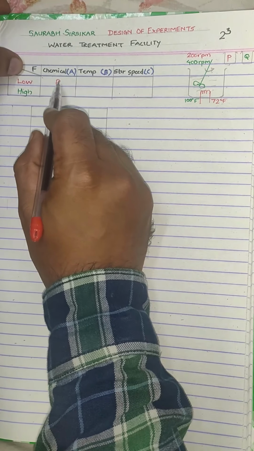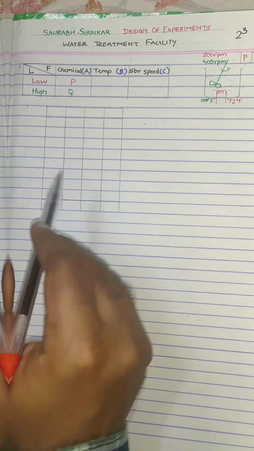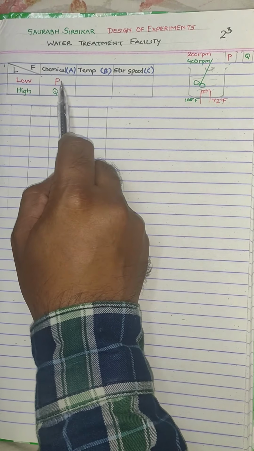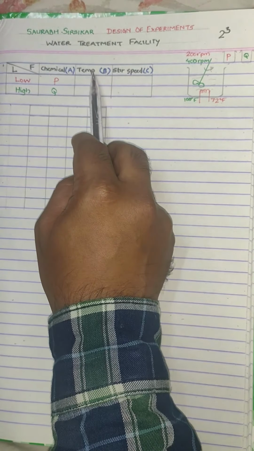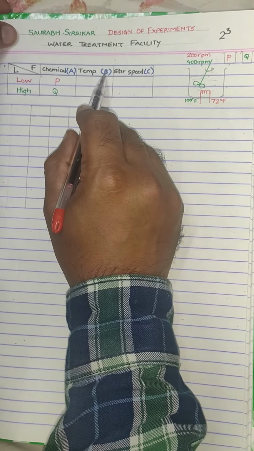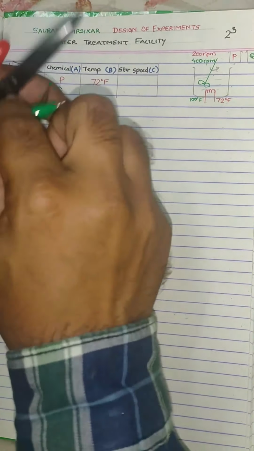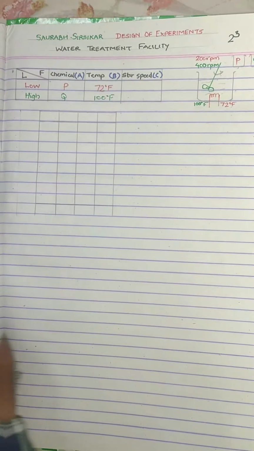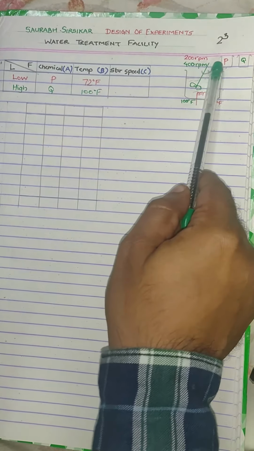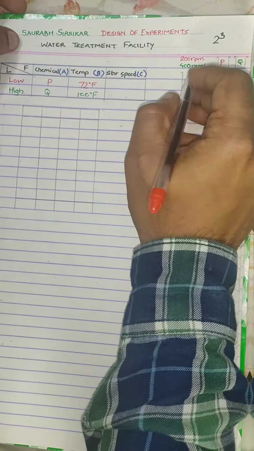So here you can see that it is a qualitative factor where it cannot take numerical values, whereas temperature is a numerical factor because it can take numerical values. The lower level of temperature, that is factor B, is 72 degrees Fahrenheit and the higher level is 100 Fahrenheit. Similarly, stirring speed can be of two levels.